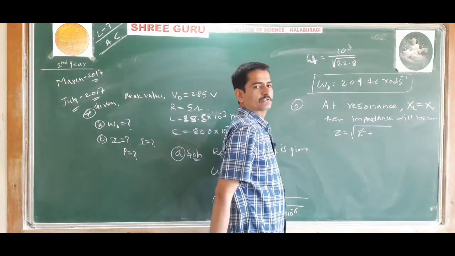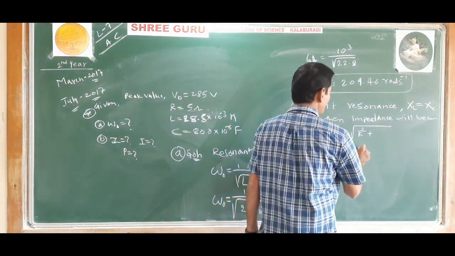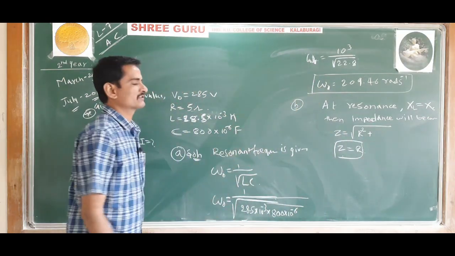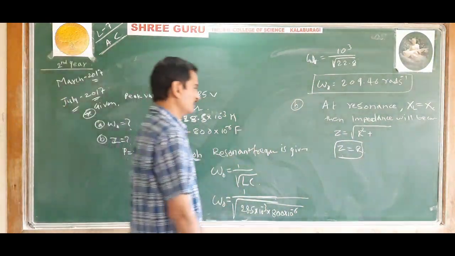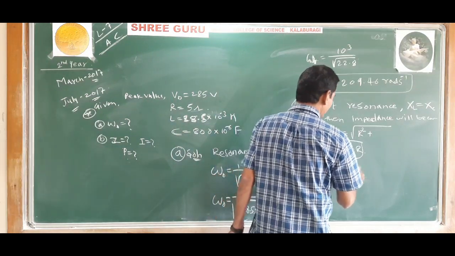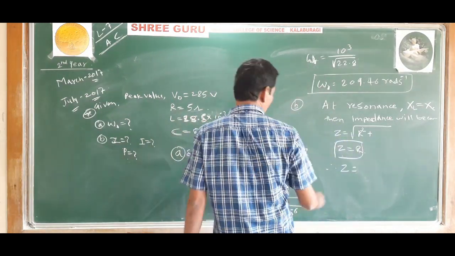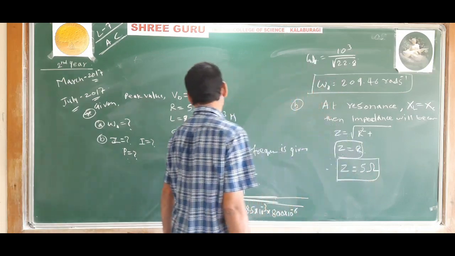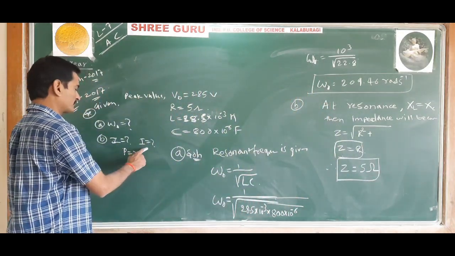So Z is equal to R. No need to write all the things. Therefore at resonance Z is equal to R. R is given as 5 ohm, so impedance will be 5 ohm. So impedance is calculated.